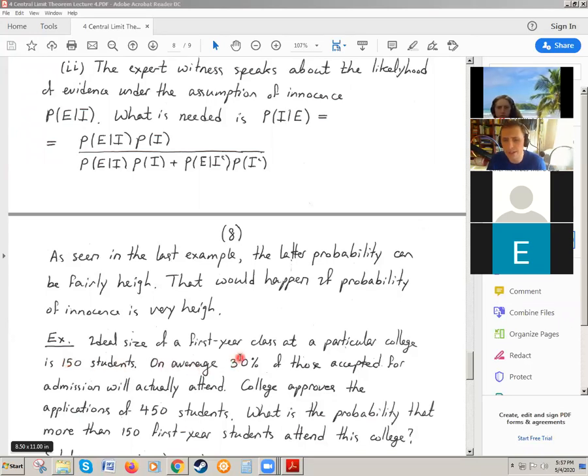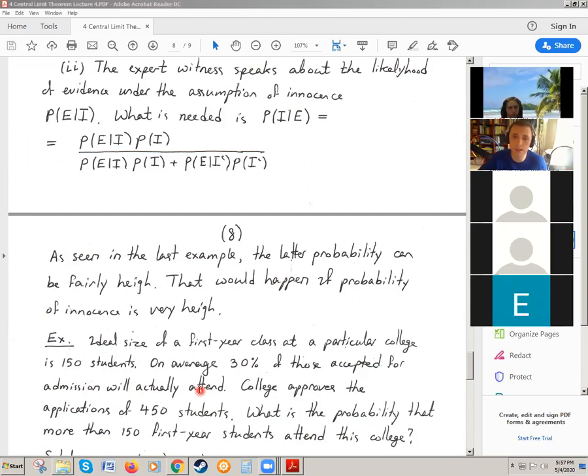And on average, it's known that about 30% of those accepted will actually go to the college, right? So if you get an acceptance letter, the likelihood you will go to college is 0.3.